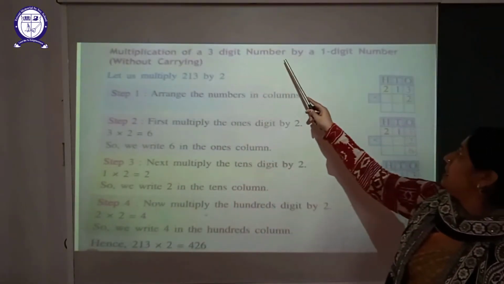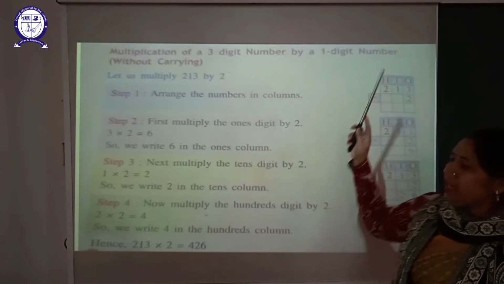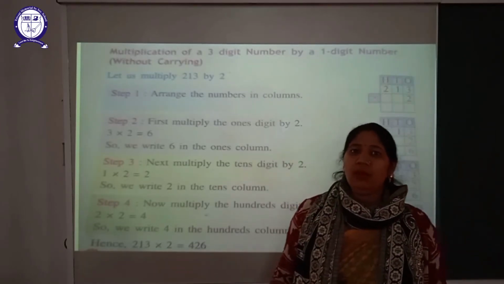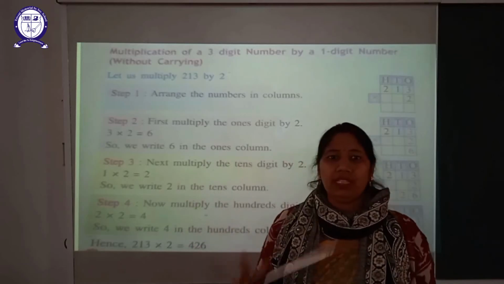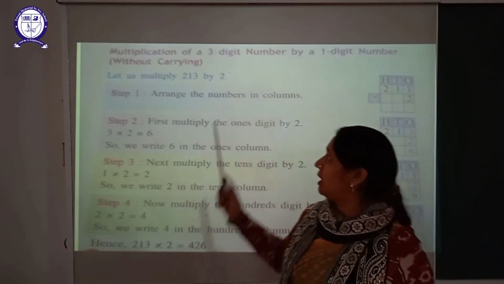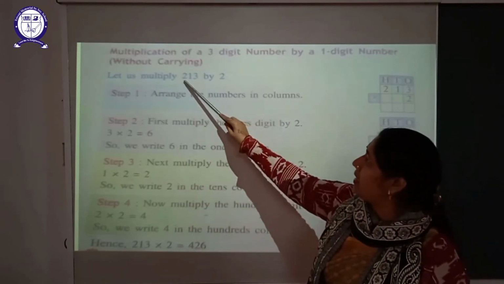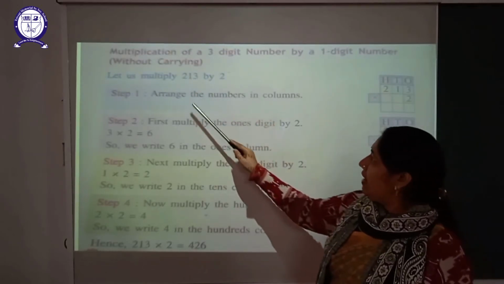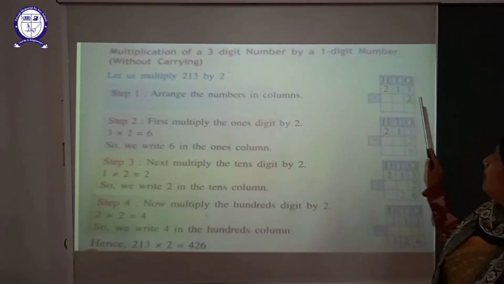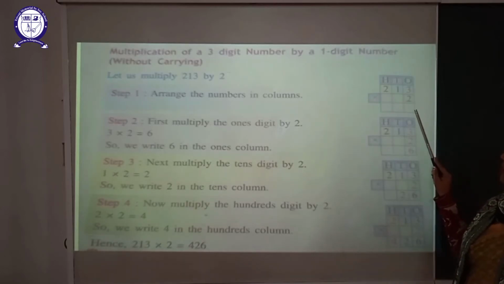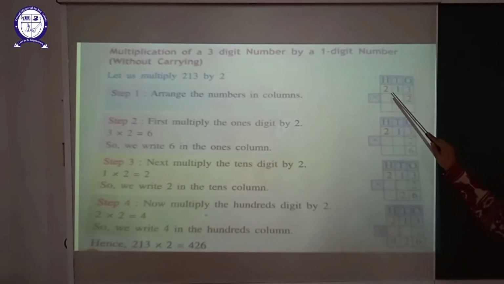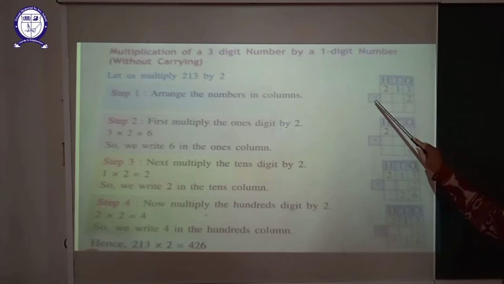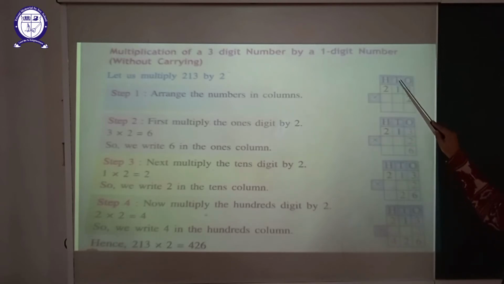Multiplication of 3 digit number by 1 digit number. In the previous schedule, what did we do, beta? We multiplied a 2 digit number by 1 digit. In this question we have multiplied the 3 digit number by 1 digit. So first we have to arrange the number in the columns like this. Look here, we have to write the number in the column, 213 multiplied by 2. 3 is on the ones place, 1 is on the tens place and 2 is on the hundred place.